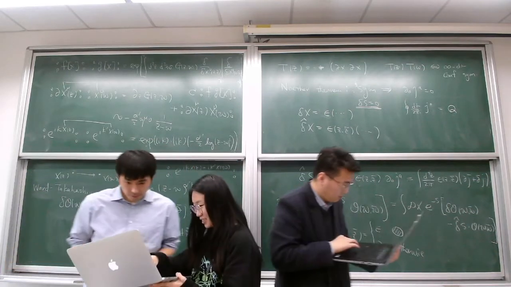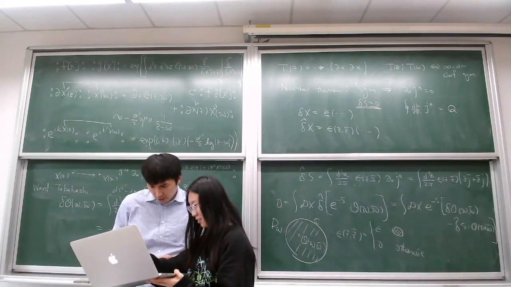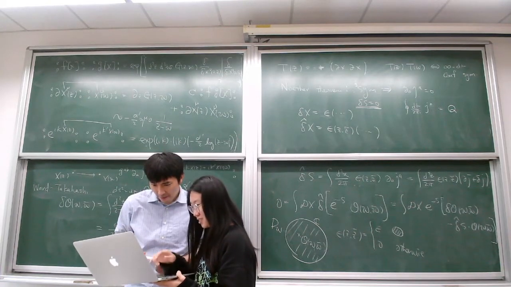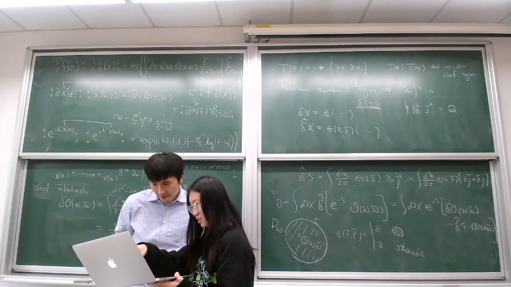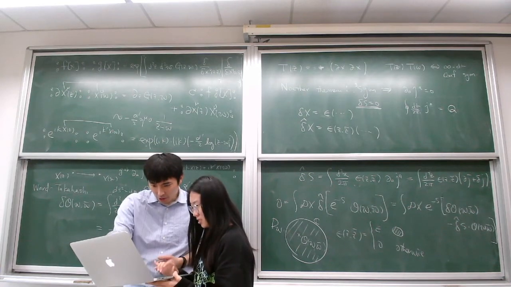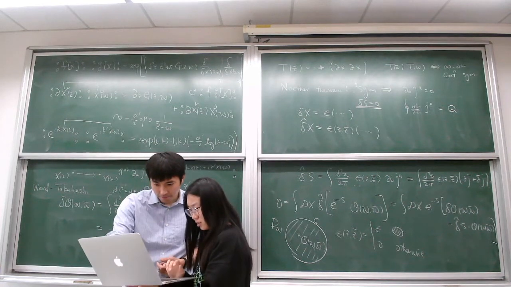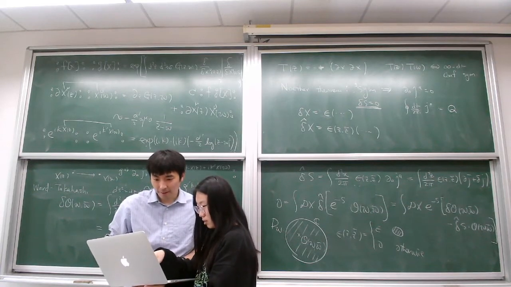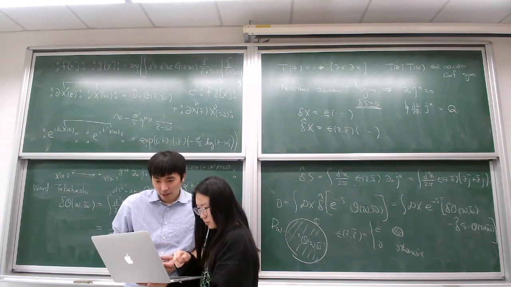I want to ask, I still don't understand why this term is equal to this, since this seems different from this one. Yeah, you use this one. Just use this formula. So you have to use this formula.